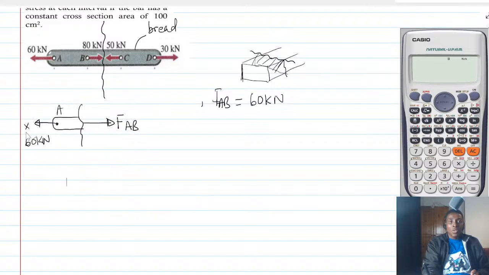Because you have introduced a cut, this is what you are going to get. So it's going to be the whole of this region up to where you have introduced the cut. Is that right? Portion A is here. And what is it? 60 kilonewton. Right?